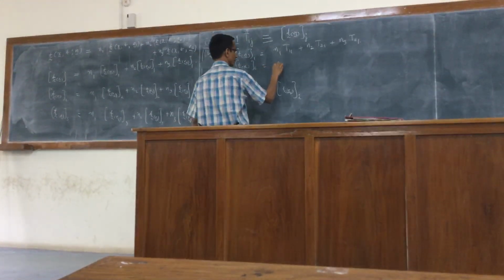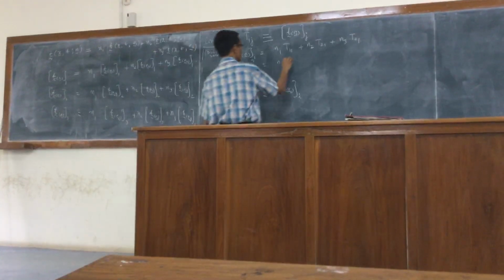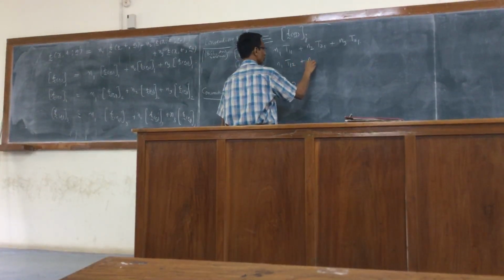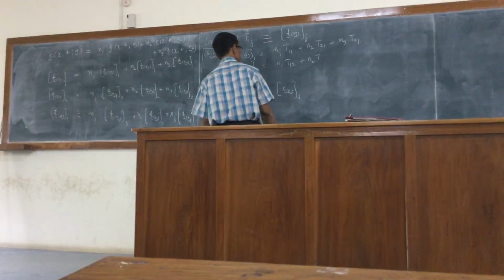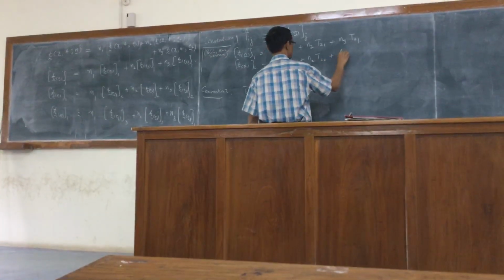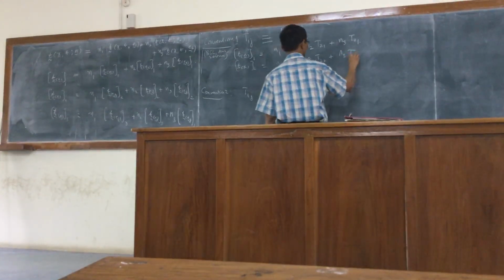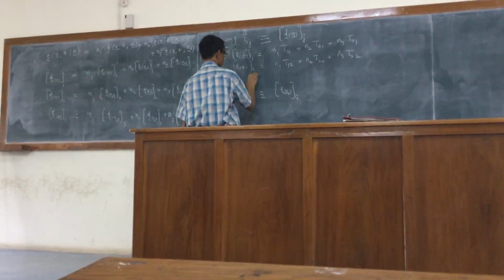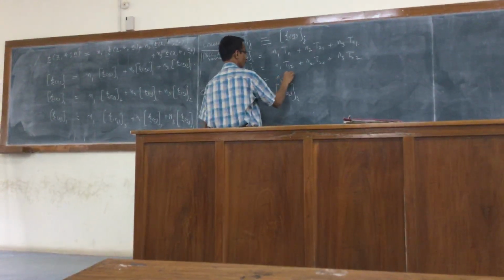Easy to write, right? This would be N1 T12 plus N2 T22 plus N3 T32, and then the third component would be N1 T13.